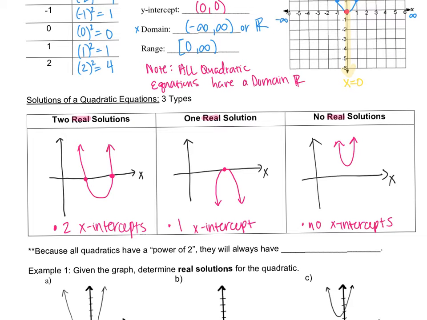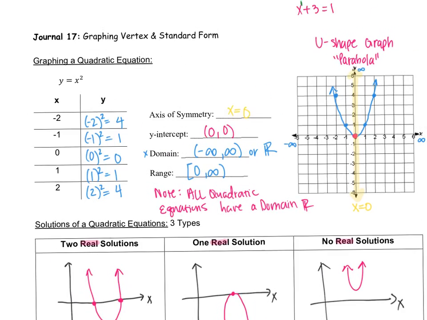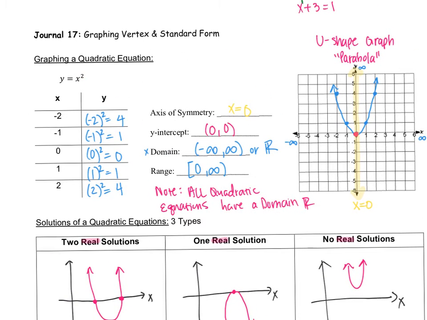One of the things I do want to mention is, in the past, when you're solving equations, let's bring back to light something more simple. If you have an equation like x plus 3 equals 1, notice how this x is to the first power. If you were to solve this problem, you would subtract the 3 over and get x, and you'll notice you'll have one solution, meaning you'll just get one x value. But anytime you change the power to, in this case, a 2, you've increased the power.